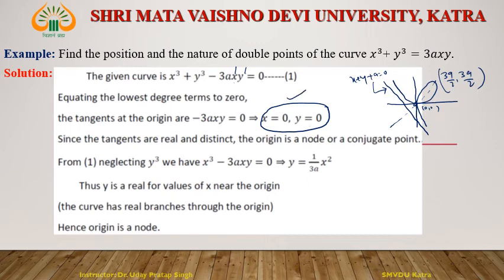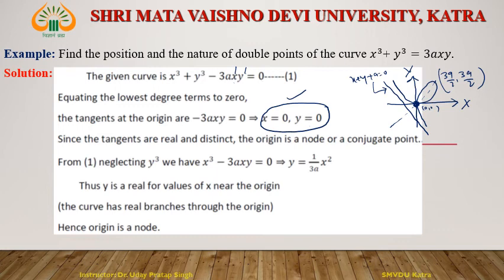Okay. See, at the origin we got two tangents. One is the y-axis and one is the x-axis. It means there are two tangents which are real and distinct. Okay. Then this point is a node. But we have to verify whether this is a node or not.